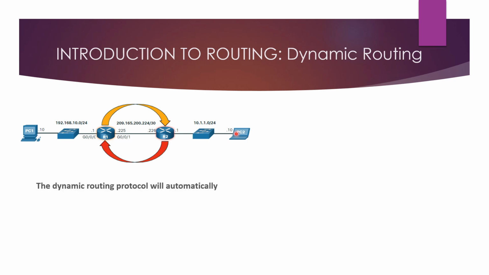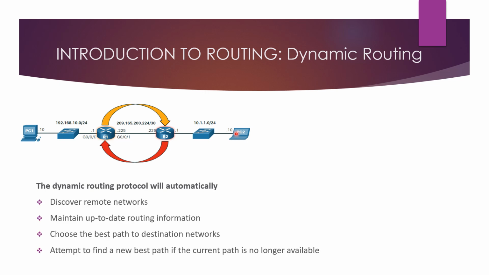The dynamic routing protocol will automatically discover remote networks, keep the routing information up to date, choose the best path to each network, and attempt to find a new best path if the current path is no longer available.